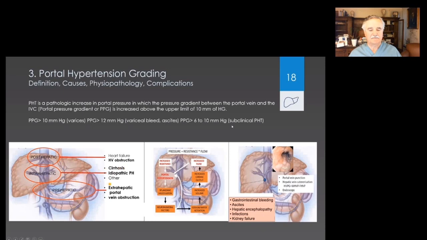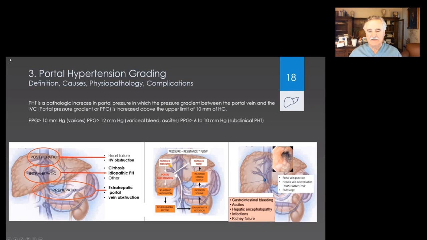The main hepatic cause of portal hypertension is cirrhosis. This is the mechanism of provocation of clinically significant portal hypertension.